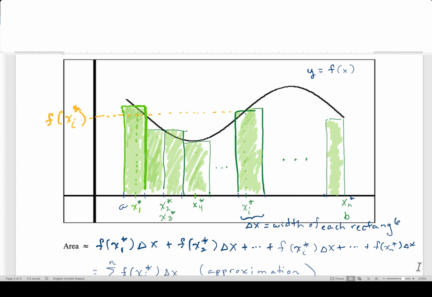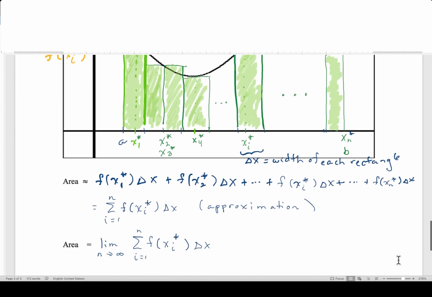The way we got a handle on that problem was to approximate the area by picking n x values, using the function value at each of those x values as the height of a rectangle. And the total area of our rectangles was our approximation of the exact area under the curve.